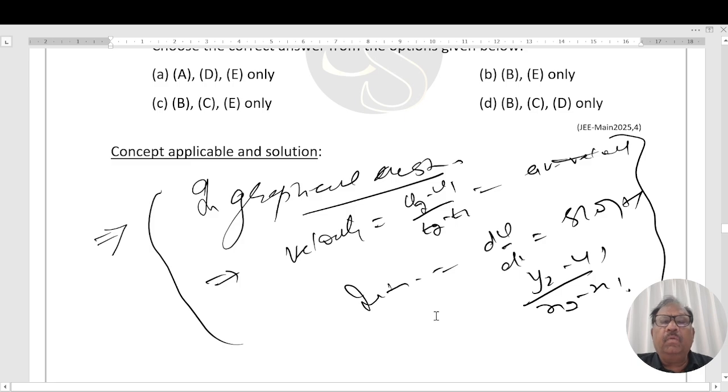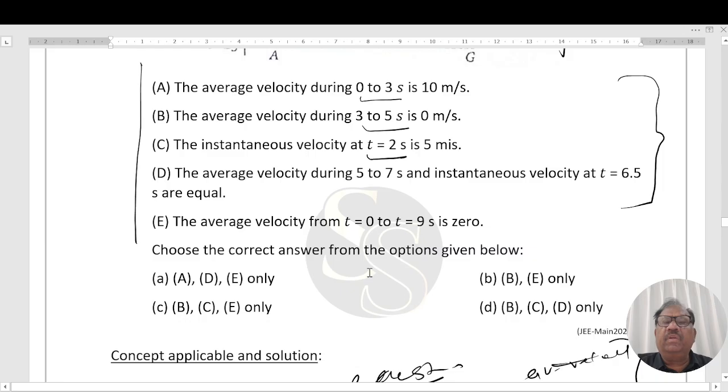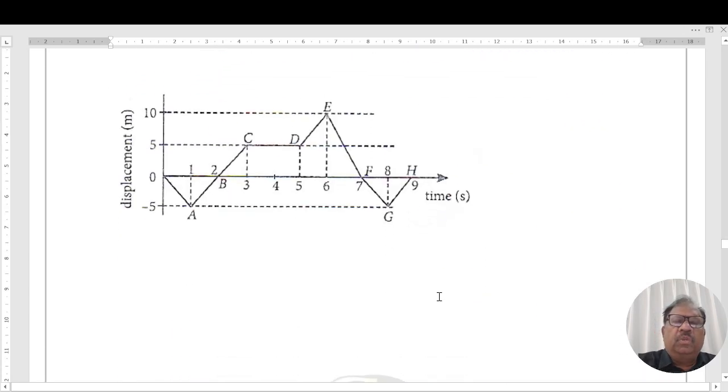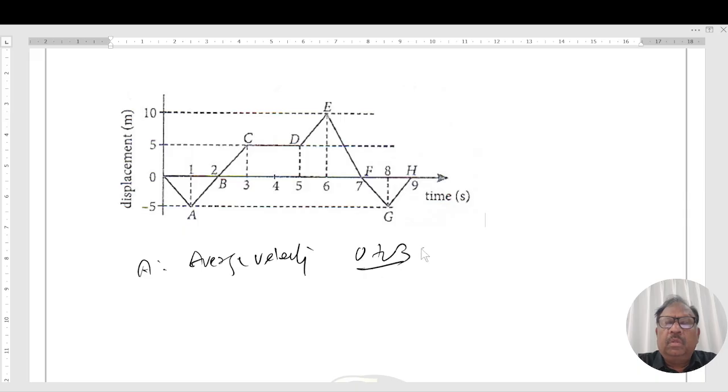Now let's solve one by one. First, the average velocity from 0 to 3 seconds, option A. The initial position is O, at 0, 0, and the final position is C, at 3, 5.